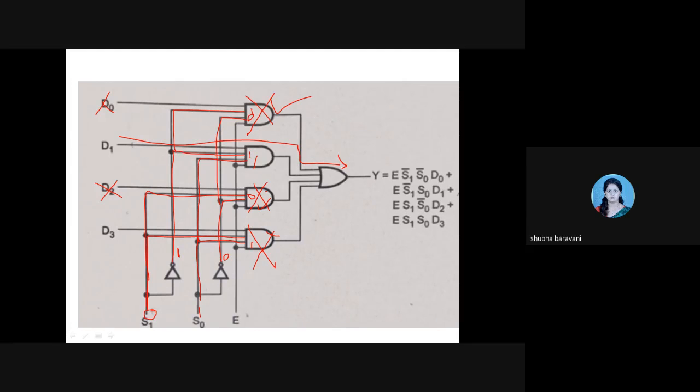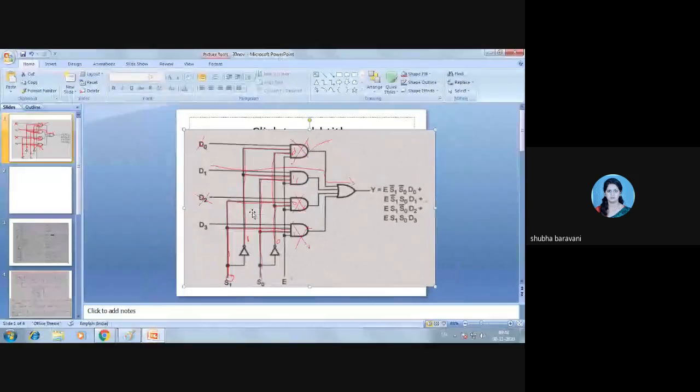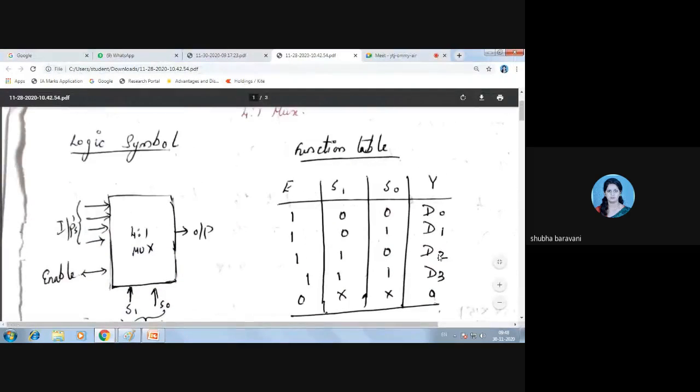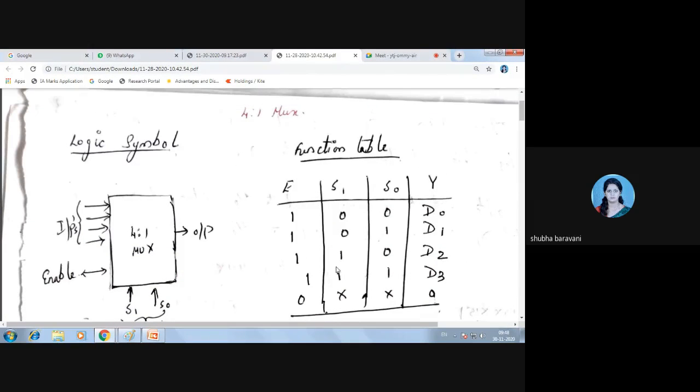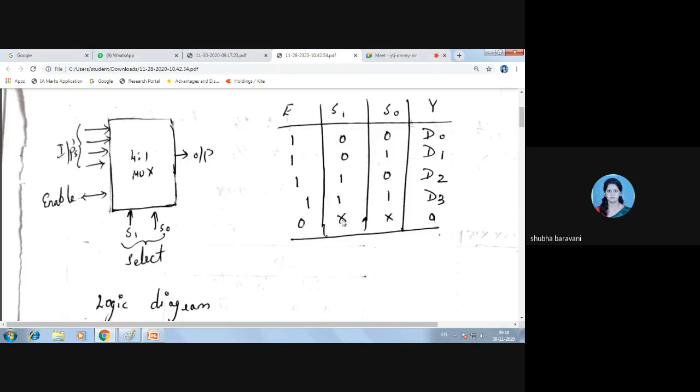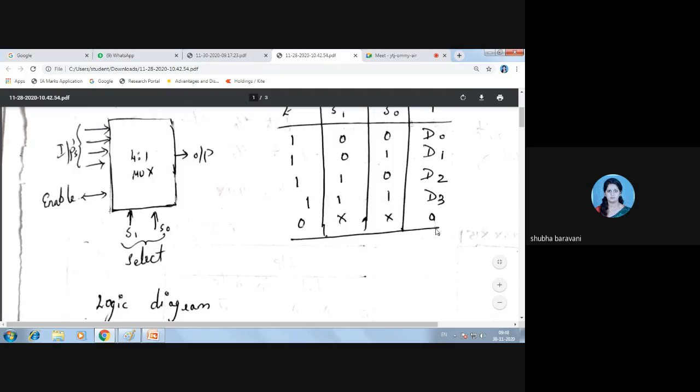Now am I clear? Is this understood? Yes. Okay, so that is what is given in this function table. You can see this is the function table. If your enable is 0, whatever be the condition of your select inputs, you will not get the output because your IC is in inactive state.